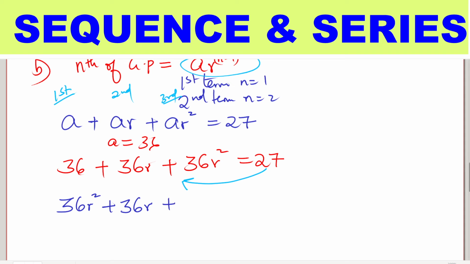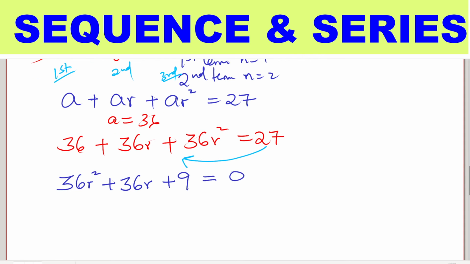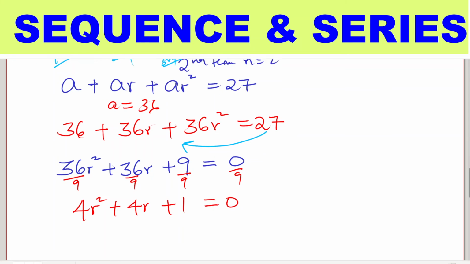This will give 9 is equal to 0. You can see this is a quadratic equation. You can simplify by dividing everything by 9. I'll get 4r squared plus 4r plus 1 is equal to 0.